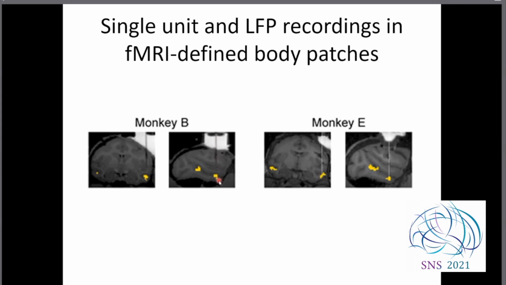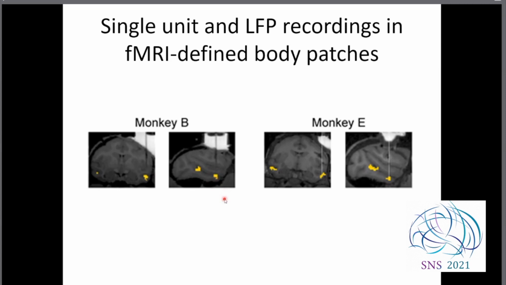So from MSB initially, and then later on for ASB, and then we compared the two regions. And I'm now going to present some local field potential data of both body patches, the MSB, the posterior one, and the more anterior one, and then some single unit data.